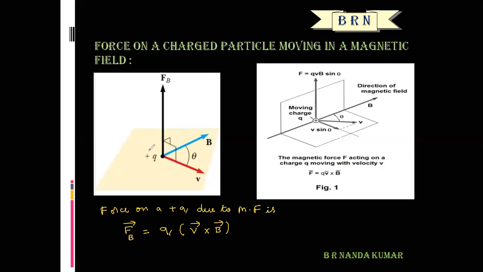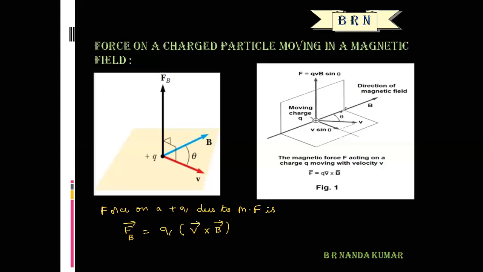The direction of this force can be determined by using the right hand corkscrew rule. Look at this diagram. Your F_B vector is perpendicular to the plane containing the two vectors, V vector and B vector. But V vector does not lie along the x-axis or the y-axis, so V vector should be split into two rectangular components.